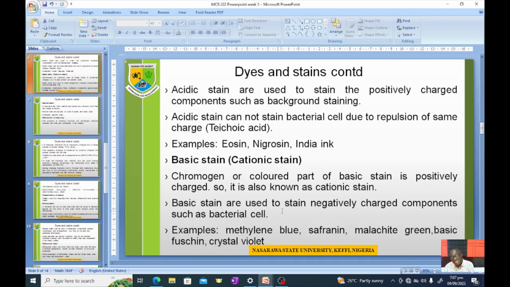If it is acidic, it will stain basic, and vice versa. So basic stains are used to stain negatively charged components such as the bacterial cell. Examples of basic stains include methylene blue, safranin, malachite green, basic fuchsin, crystal violet, so on and so forth.